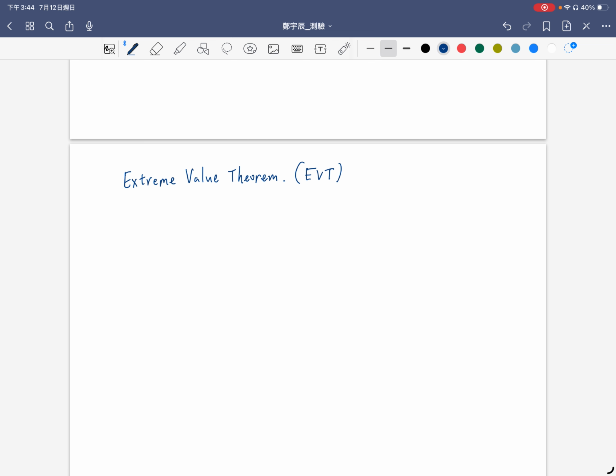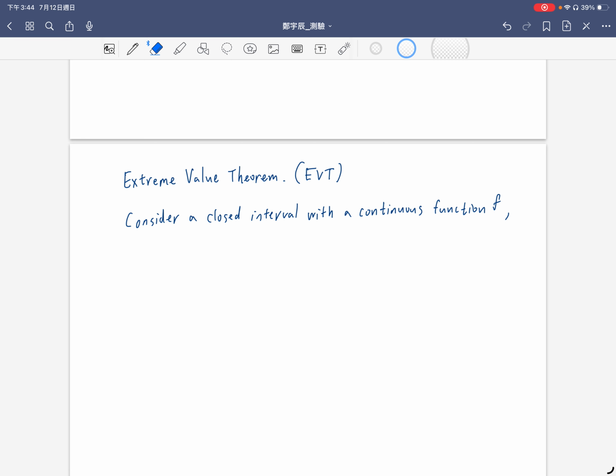So EVT states: consider a closed interval with a continuous function f, and then f has its absolute maximum and minimum within the domain.